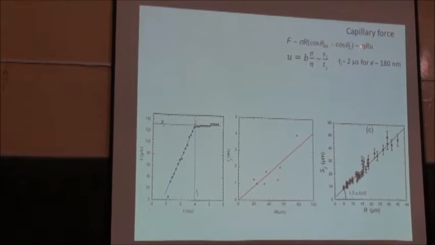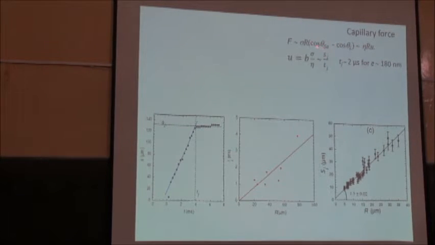And this is compensated by the viscous forces, that is the shear viscosity, the velocity of the drops and the radius, the perimeter of the drops. And so it means that the velocity is a constant, proportional to sigma divided by eta. That's a capillary number.